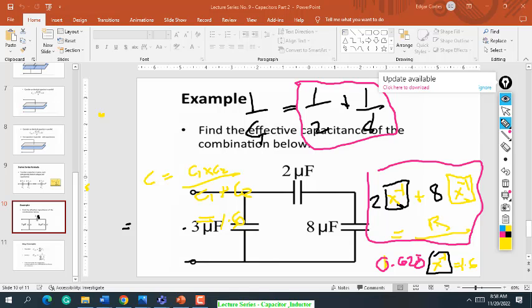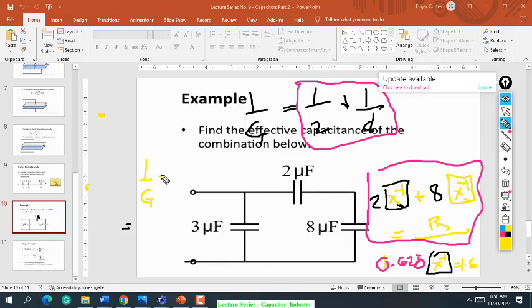Instead of working with 1 over 2, we can simplify the operation. This is 1 over C total.